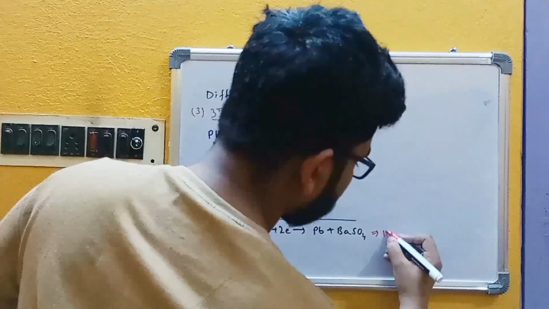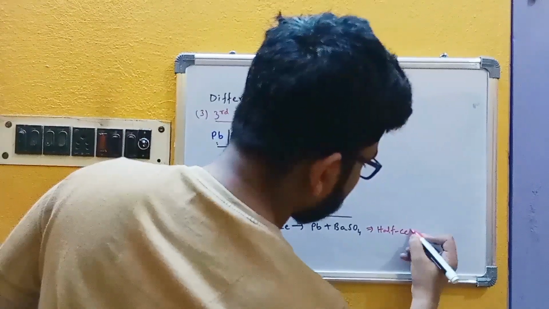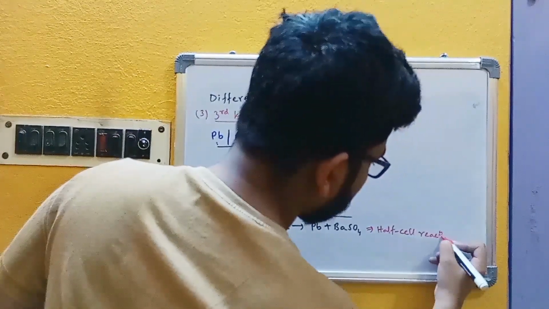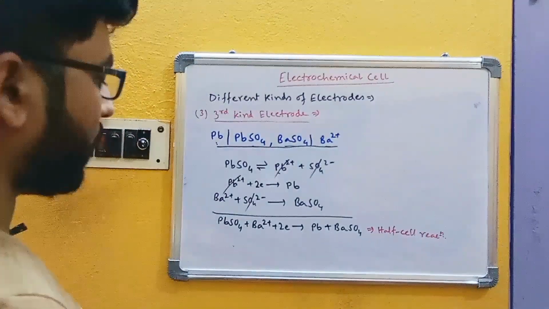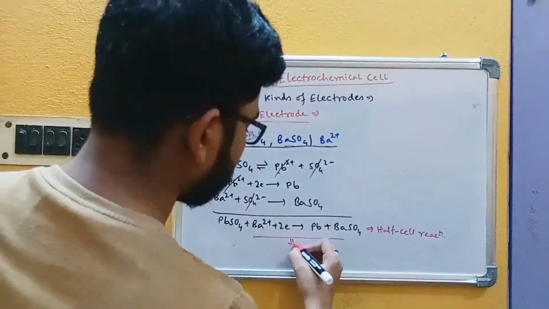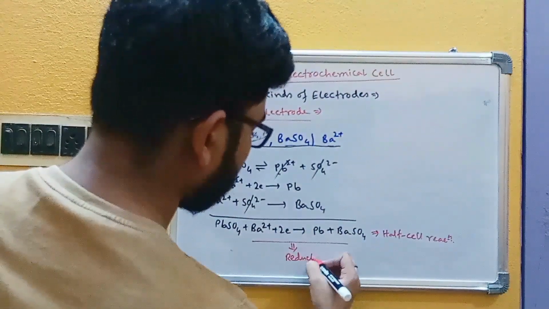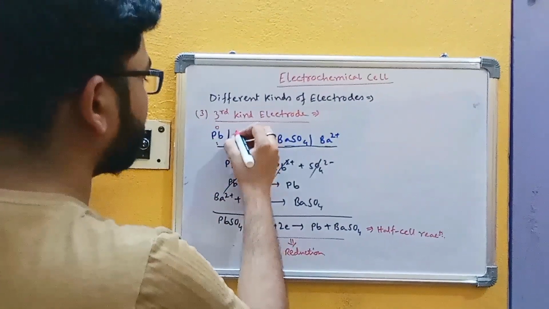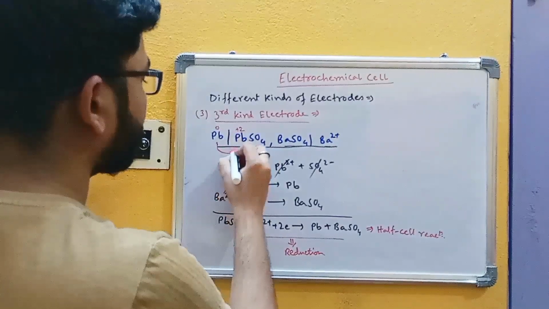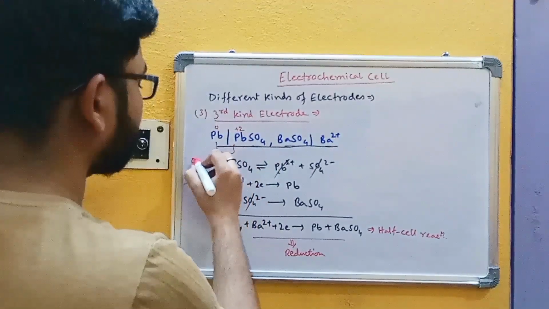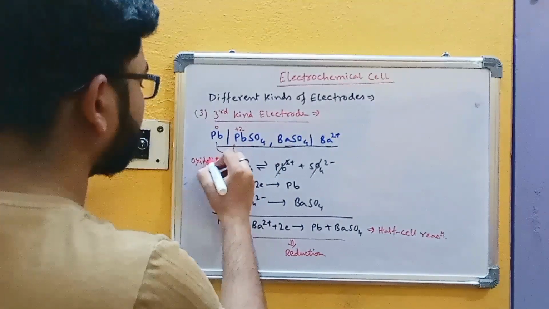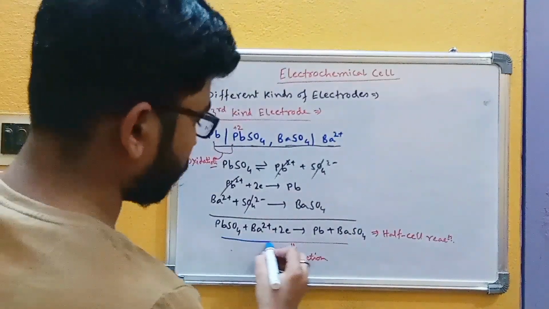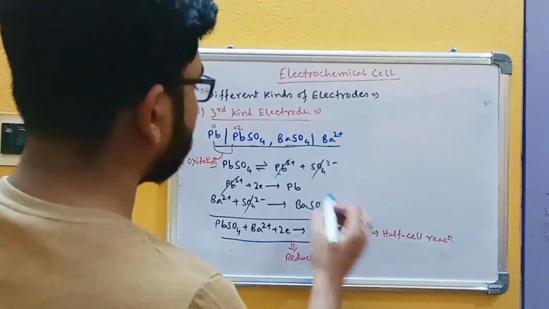That is the half cell reaction. But this represents reduction, but we see that here Pb is in 0 oxidation state and Pb in plus 2 oxidation state, so here oxidation takes place. So we have to reverse this whole reaction in order to get this half cell.